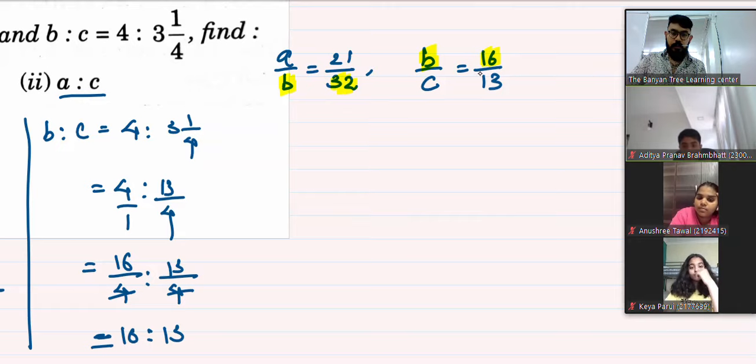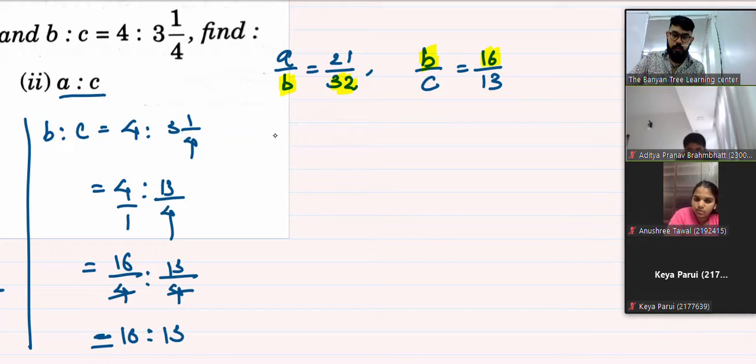You have to make 16 and 32 equal, and the only way is to take their LCM. The LCM of 16 and 32 is 32, right? So you multiply the first ratio by 1: a by b is equal to 21 by 32 into 1 by 1, because I don't want to change 32.